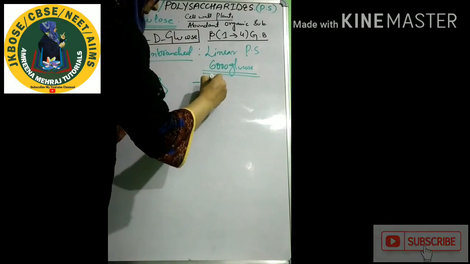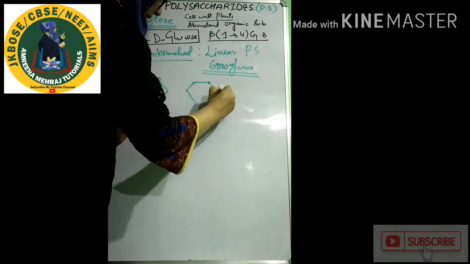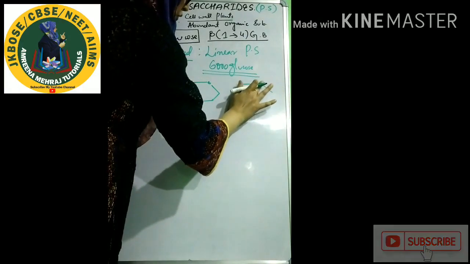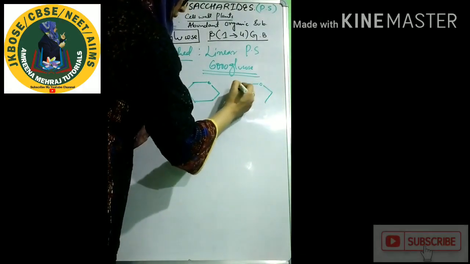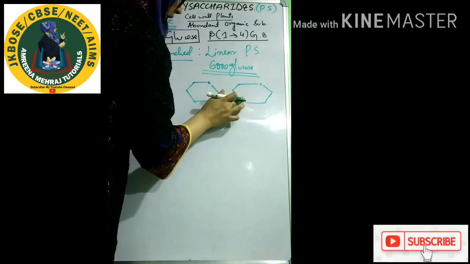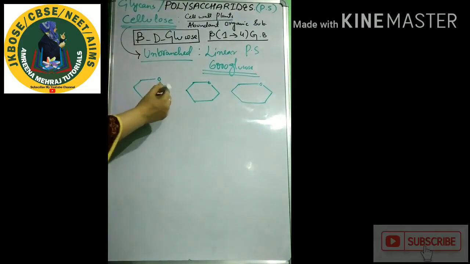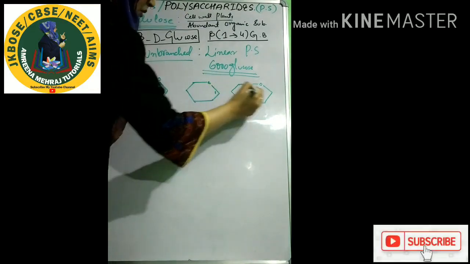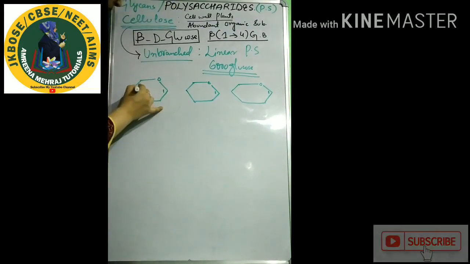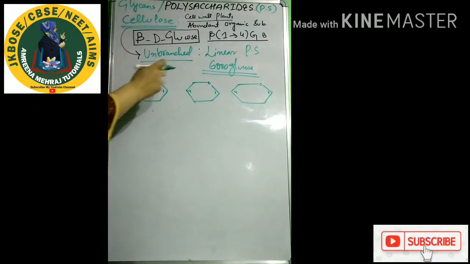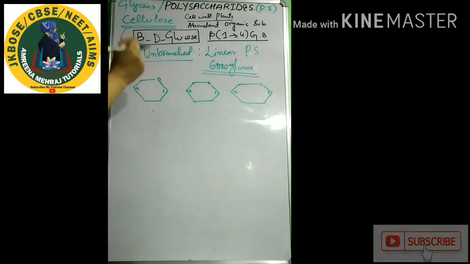Over here I'll be showing you the final products directly, in which I'll be placing these glucose molecules attached to each other with the help of the linkage which is there in the cellulose. So in case of cellulose, this is carbon number 1, carbon number 1, carbon number 1, this is carbon number 4, carbon number 4, carbon number 4. So this form over here, you have to think that it's the beta glycosidic form.